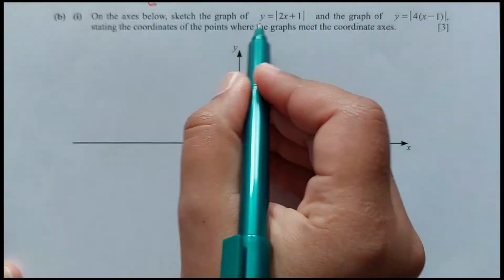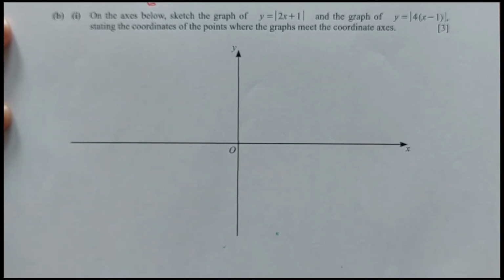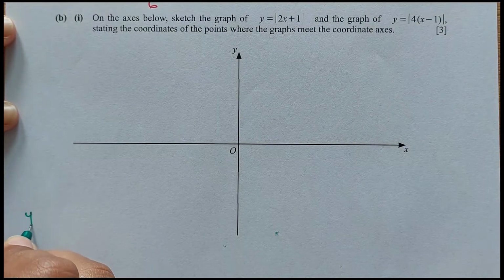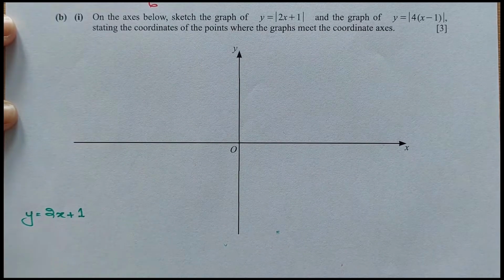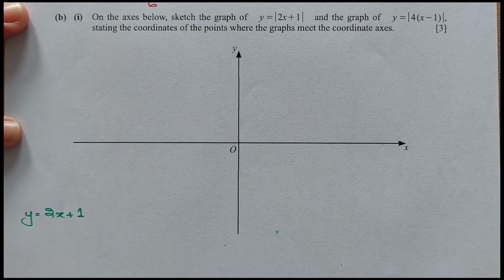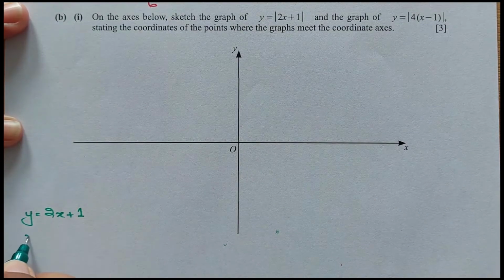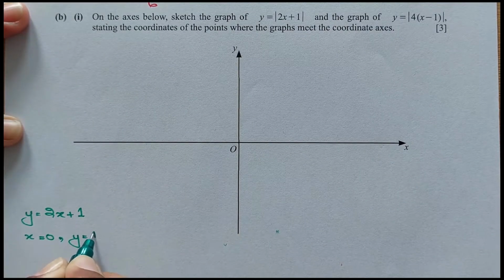So if I start with this function, let me do it here. We have a function y equals 2x plus 1. I'm taking the function without the absolute value, right? So what is the x-intercept or the y-intercept? Let's solve. When x equals 0, the y value is 1, right?